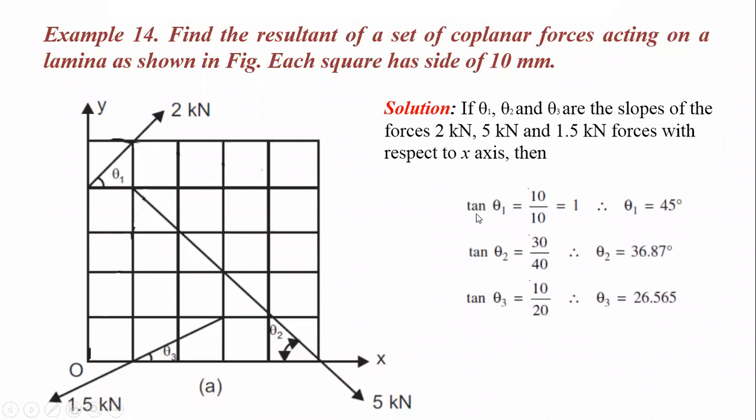Then tan theta 1: this one is a side of 10 millimeter, and this one is a side of 10 millimeter. Tan theta 1 is nothing but opposite side upon adjacent side. That's why 10 divided by 10. It means theta is equal to tan inverse of 1.